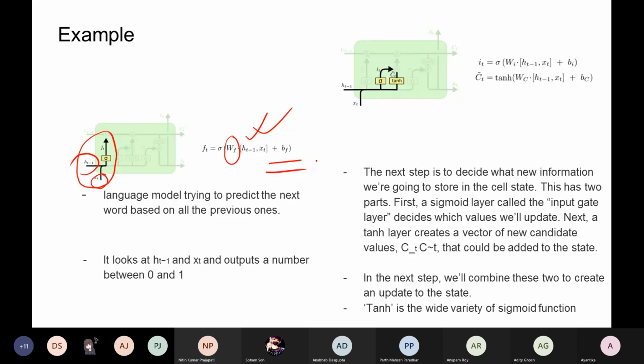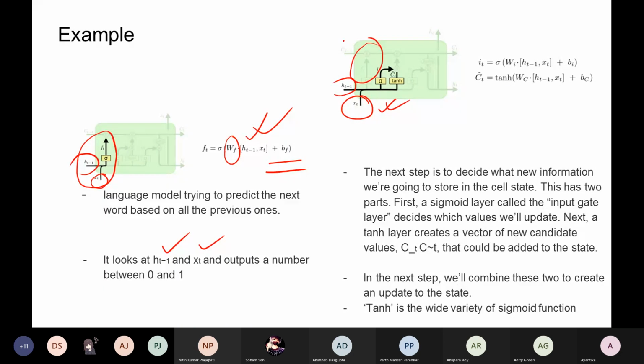It looks at ht minus 1 and xt and outputs a number between 0 and 1. So the idea is that whenever you apply this xt and ht minus 1, the input coming from your previous output, it controls how much information of your present element will pass through.